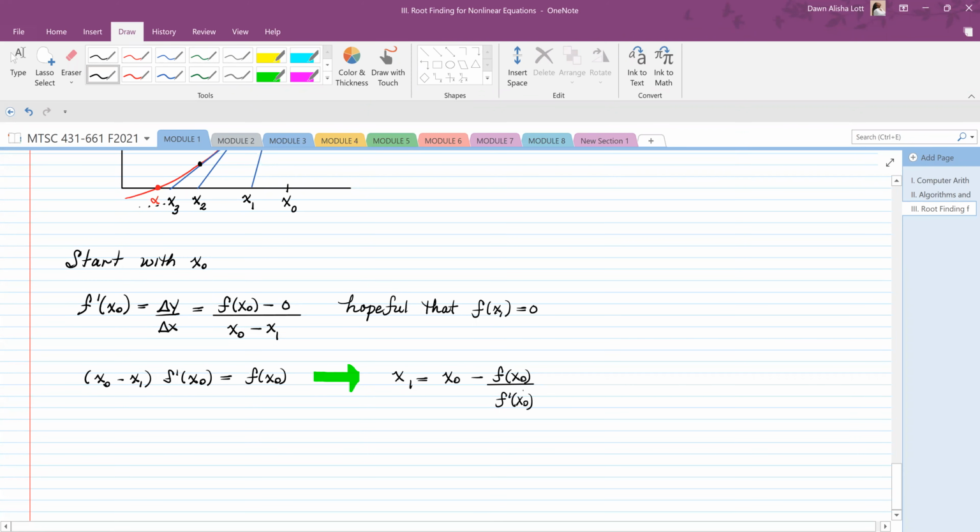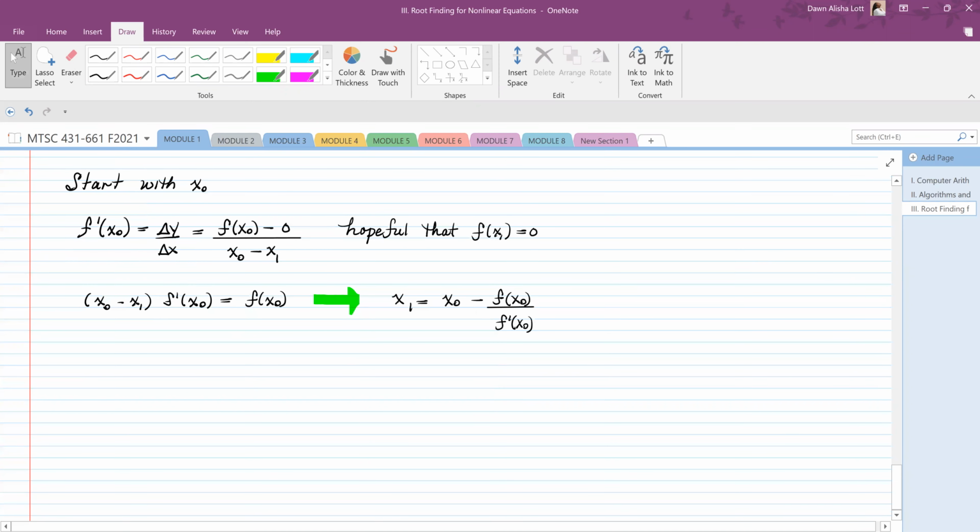Now, there are a couple of things here that you should be saying, oh, wow, okay, anytime we divide by something, we have to worry about it. So in general, I can do the same thing with x2, being hopeful that f of x2 will actually also give me 0 as well. So as I keep doing this, I get a general formula.